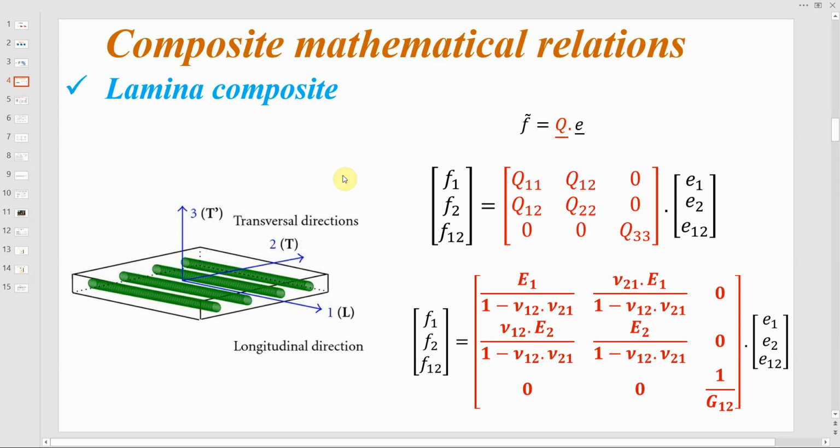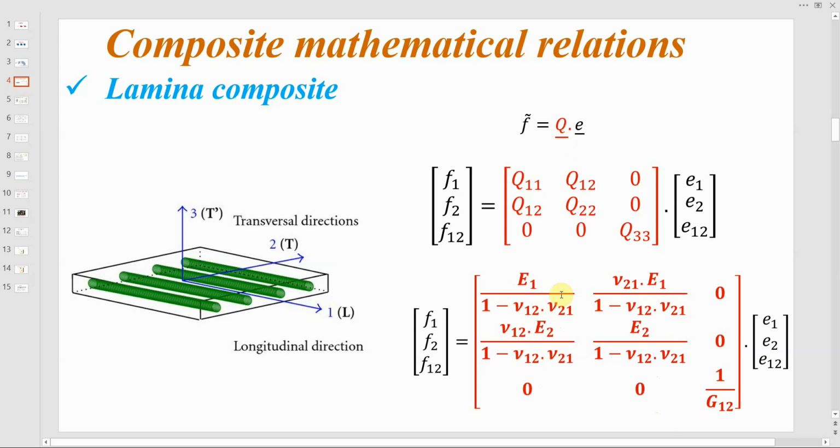If the composite is a lamina, the equation is like this, and we can relate the stress and strain by the Q matrix, and you can see the elements of this matrix here: E1, E2, the Poisson ratio, and G12.